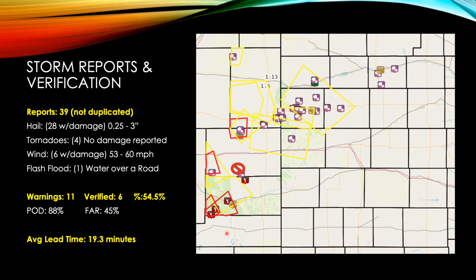One storm did move across US 40, and I want to say that one was a landspout tornado, but again, no damage was reported. It was pretty much all contained to fields. As the storms did move across the halfway point between Kit Carson and Cheyenne County, and we saw that evolution into more of a wind and hail threat, we did receive 6 reports of wind with some damage reported.